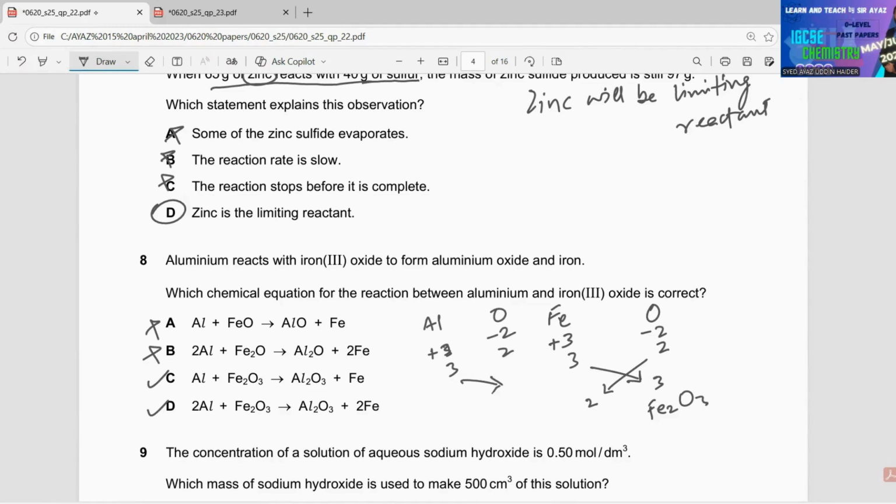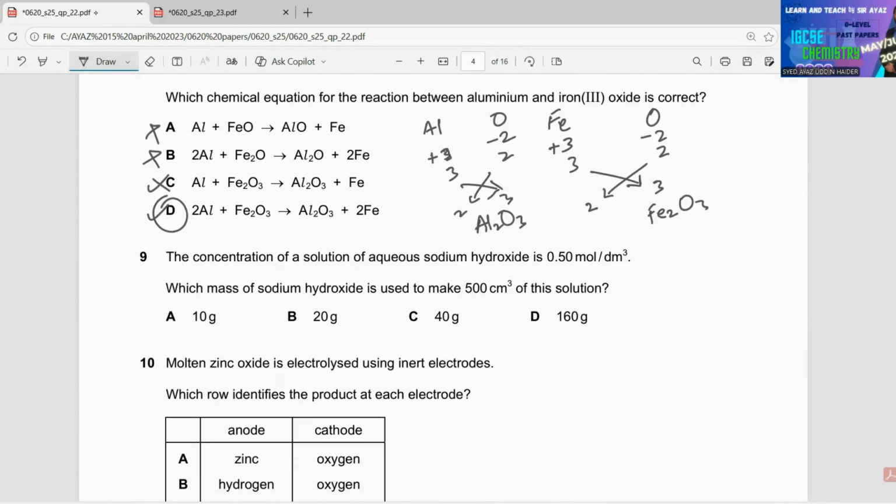These subscripts will be exchanged. Again, the formula will be Al2O3. So aluminium oxide produced must have Al2O3 as its formula. If you look at this equation carefully, the balanced equation will be D, not C. So D must be the right answer in this case.